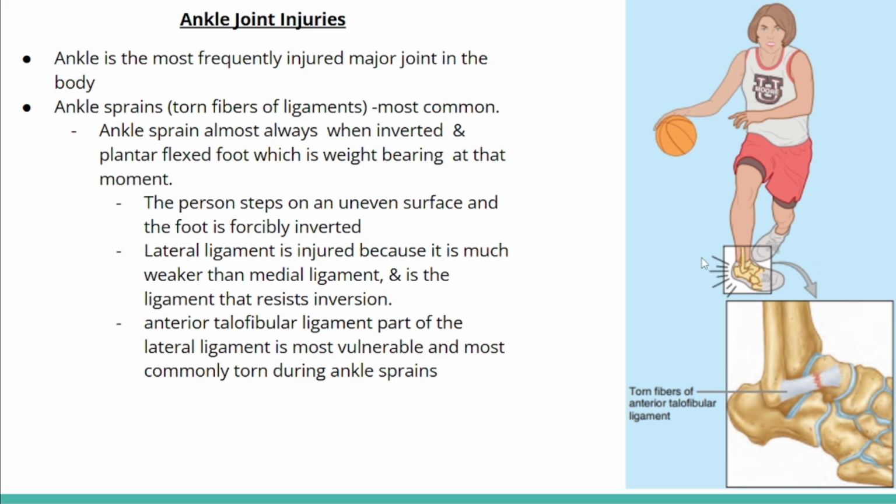When a person steps on an uneven surface and the foot is forcibly inverted, the lateral ligament is going to be injured because it is much weaker than the medial ligament, and also this ligament is the one that resists the inversion. Now in the lateral ligament also, the anterior talofibular ligament part is the most vulnerable to injury and most commonly torn during the ankle sprain.